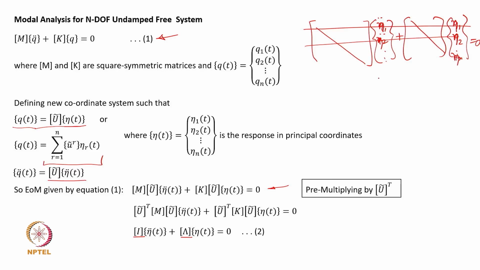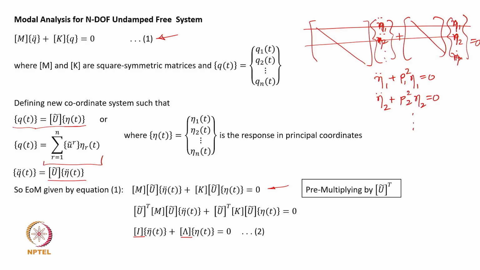That means the first row will give you the differential equation in eta 1, the second one will give the equation in eta 2, and so on. So, all the equations are given like this: eta 1 double dot plus p1 square eta 1 equal to 0, eta 2 double dot plus p2 square eta 2 equal to 0, and so on up to the nth equation.